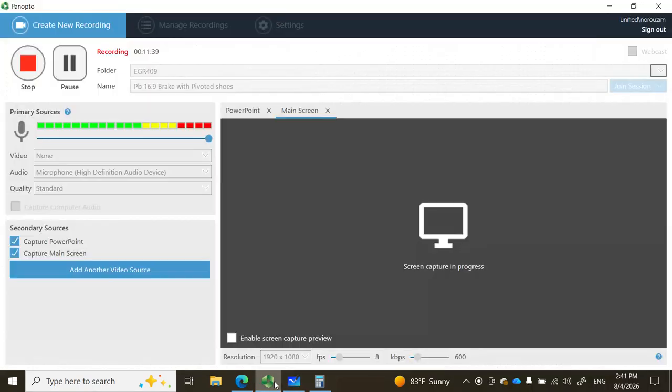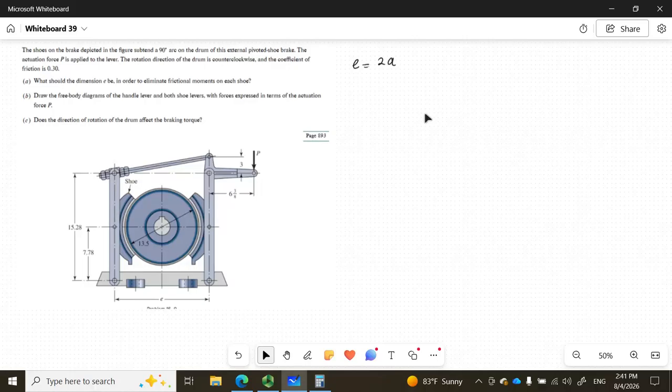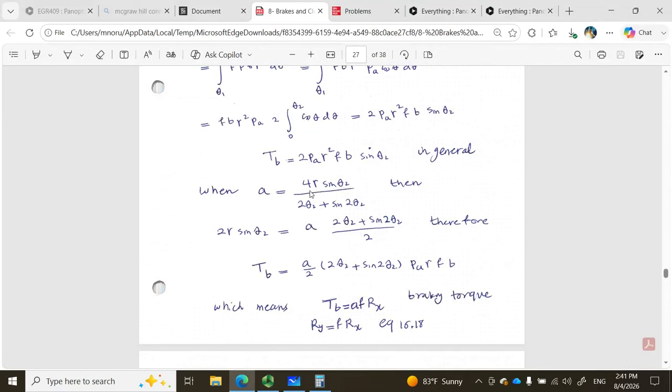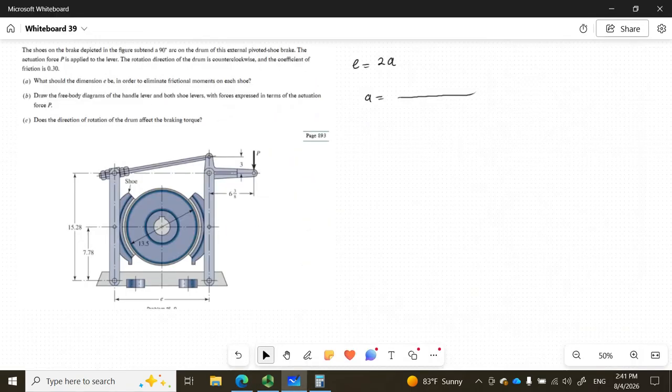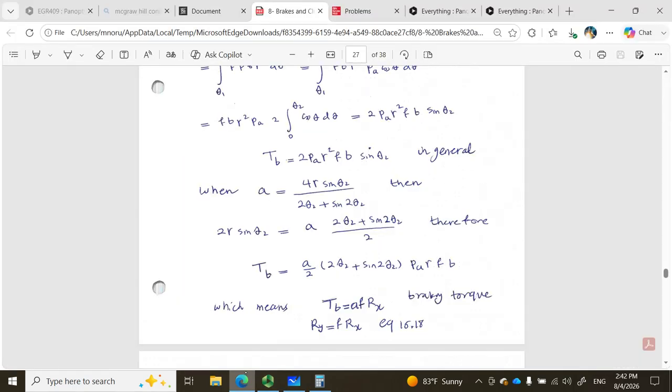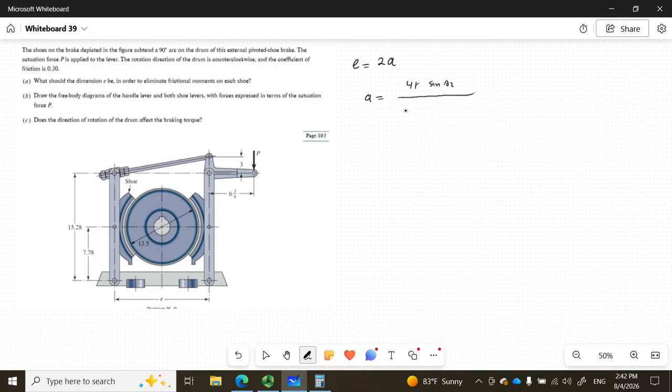Part A, I talked about it a little bit. E is going to be equal to 2A, and A is picked in this way: 4 times R sine of theta 2, divided by sine of 2 theta 2 plus 2 theta 2.